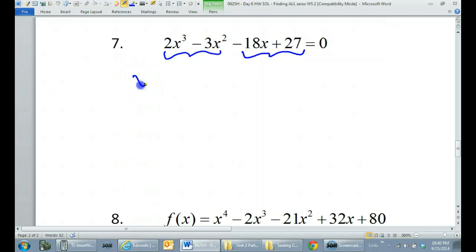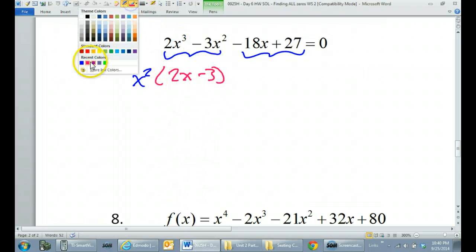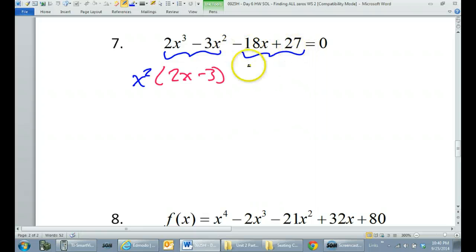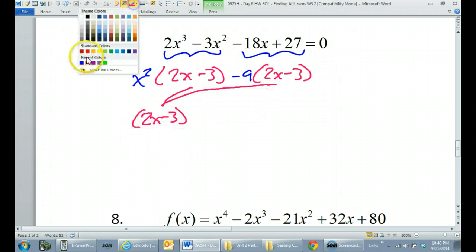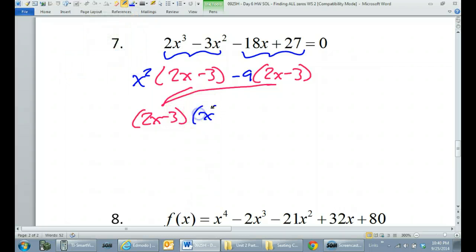X squared is the GCF, so I could have brought that out, and that would leave behind 2x minus 3. Okay, negative 9 is the GCF like I just showed you, and that would leave behind 2x minus 3 again. If I factor out the common 2x minus 3, that's going to leave behind x squared minus 9.